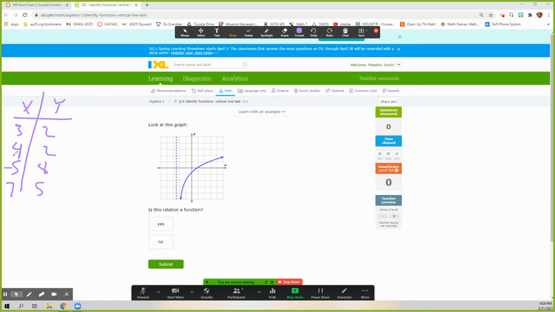If this was the possibilities, then remember we talked about as long as x isn't on there twice, then yes, it is a function. But if there's x on there twice, remember we talked about our fancy function machine idea.